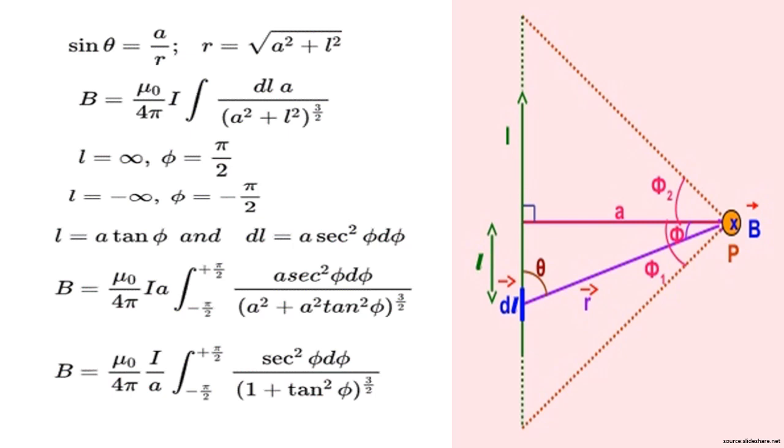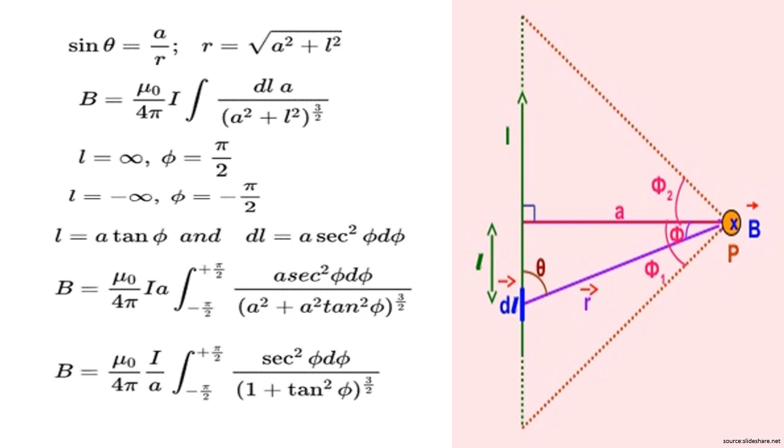So when l equals infinity, angle phi equals pi by 2, and when l equals minus infinity, angle phi becomes minus pi by 2. From the figure, l equals a tan phi and dl equals a sec square phi d phi.